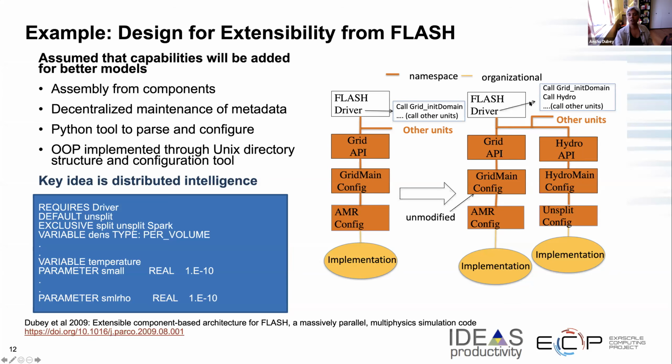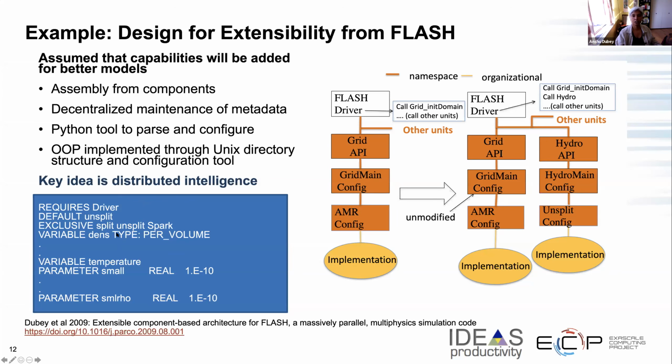And all of the other change happens transparently to the actual source code, because that is done through the configuration DSL that Flash has, called the setup script, which is where the meta information about what any of the code components need is encoded.